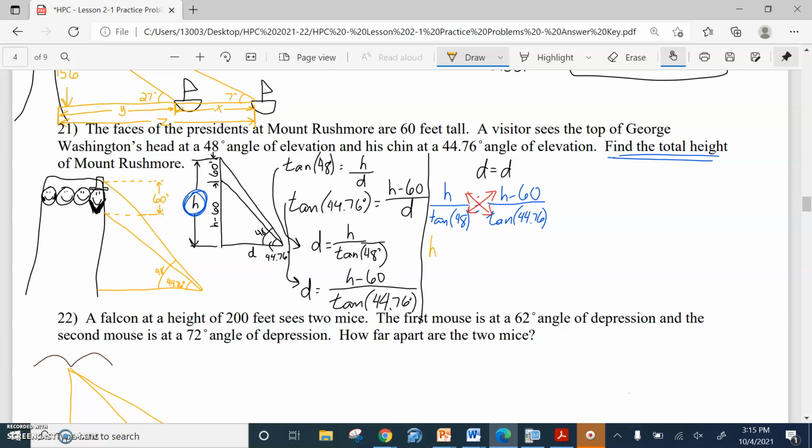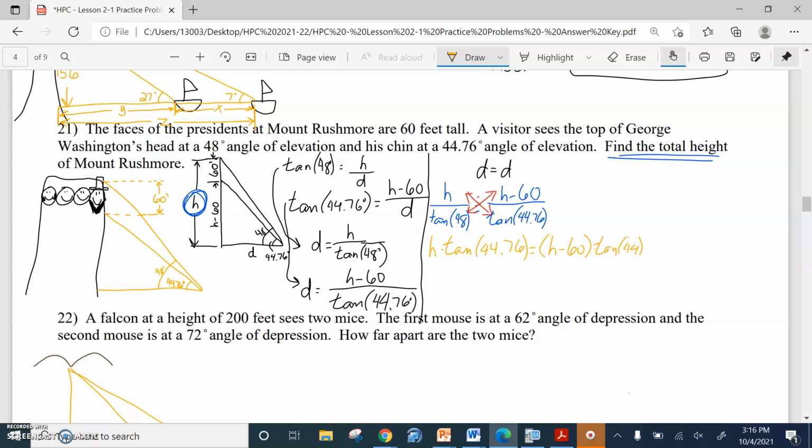So we say h times tangent 44. I'm going to shorthand that just because I want to have some room left over for another column of work here. So we have h tan 44.